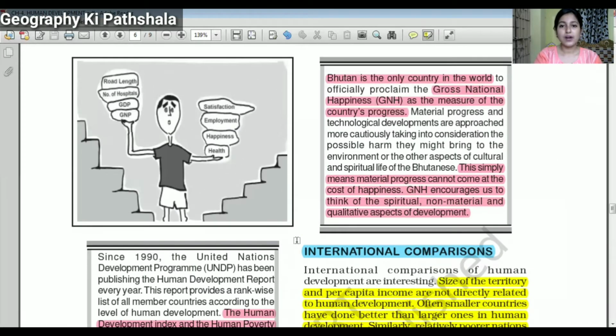One interesting fact is also given in the book: Bhutan is the only country in the world that measures its progress on the basis of gross national happiness, GNH. They mean that material progress cannot come at the cost of happiness. They believe in spirituality and in non-material and qualitative aspects of development.